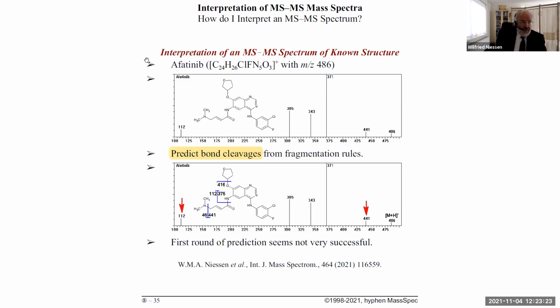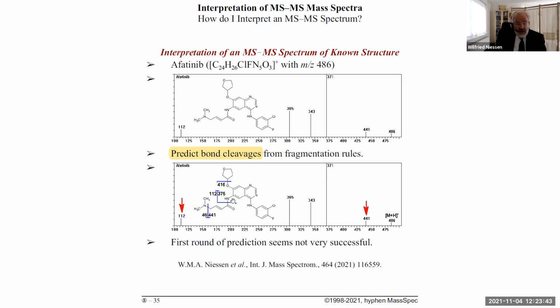This is a tyrosine kinase inhibitor. It's an anti-cancer drug called afatinib, and the structure is given here. And if I look at the structure and I predict bond cleavages, I would expect cleavage here with charge retention on either side.